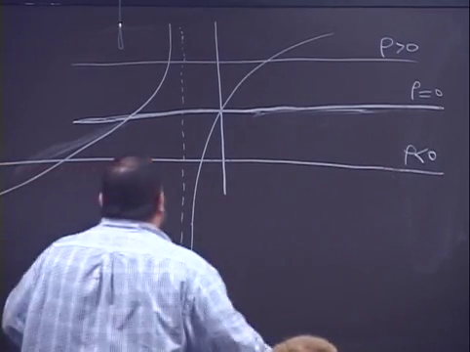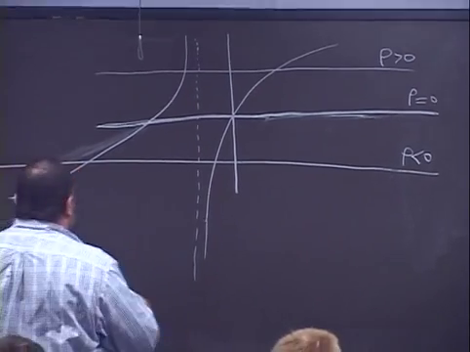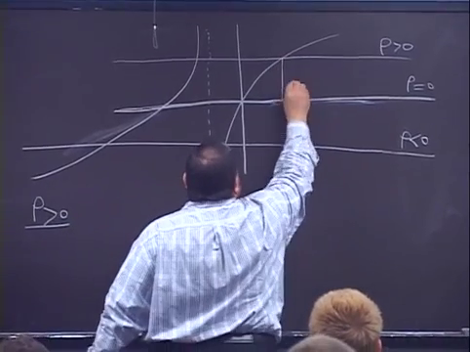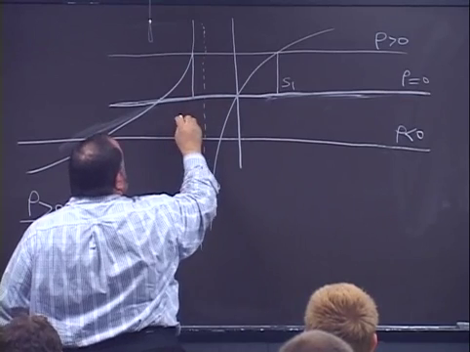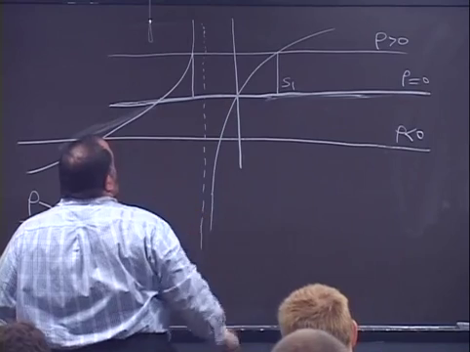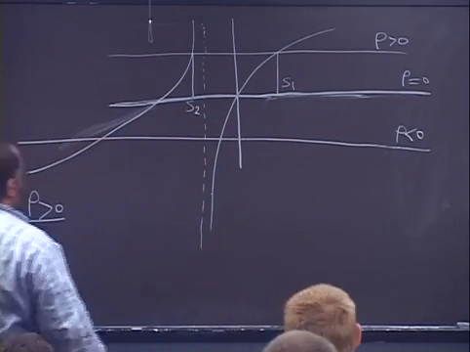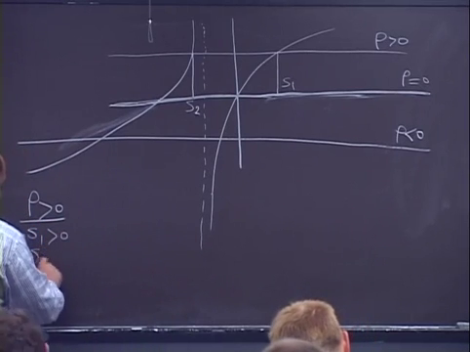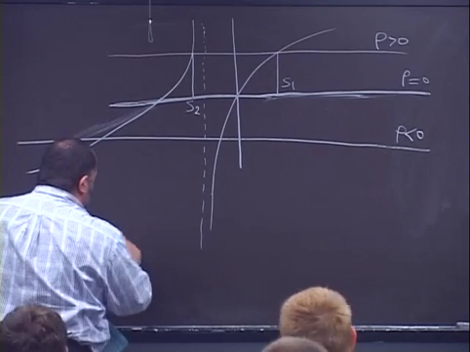Again, for rho greater than 0, we will have one root, S1, which is positive, and the other root, S2, will be negative.